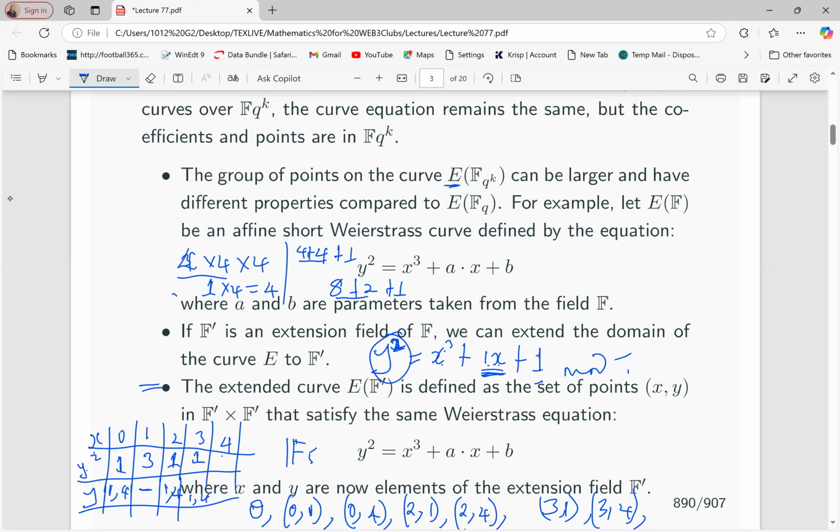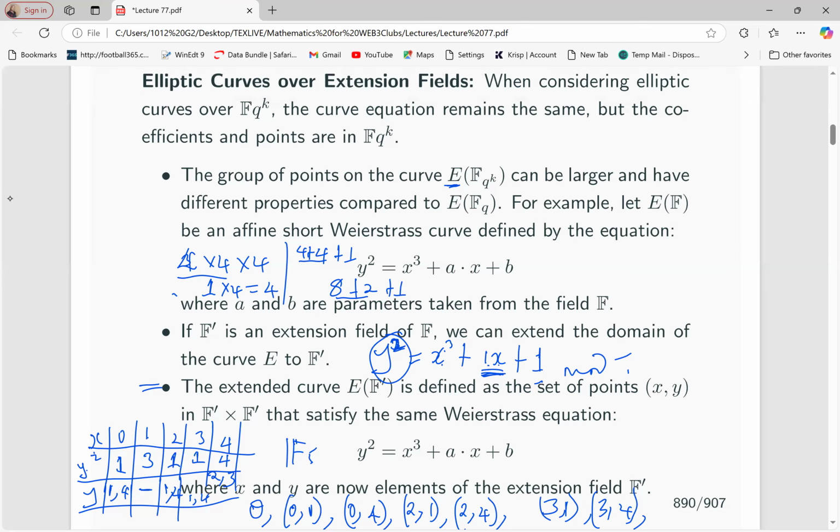So y square is 4. The square root will be 2 and negative 2. Negative 2 is 3. So you have another point that is 4, 2, and 4, 3. So how many points do you have? 1, 2, 3, 4, 5, 6, 7, 8, 9.